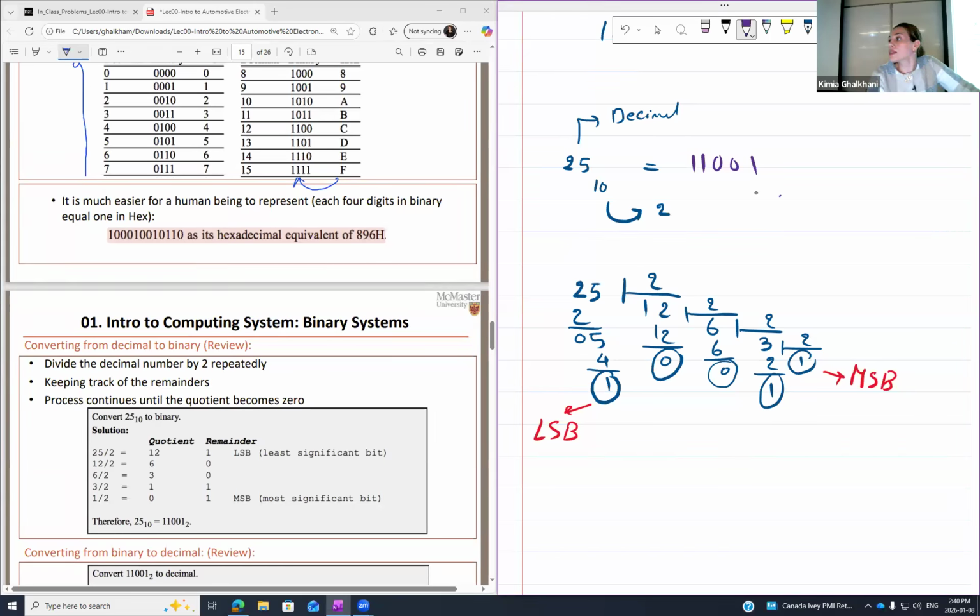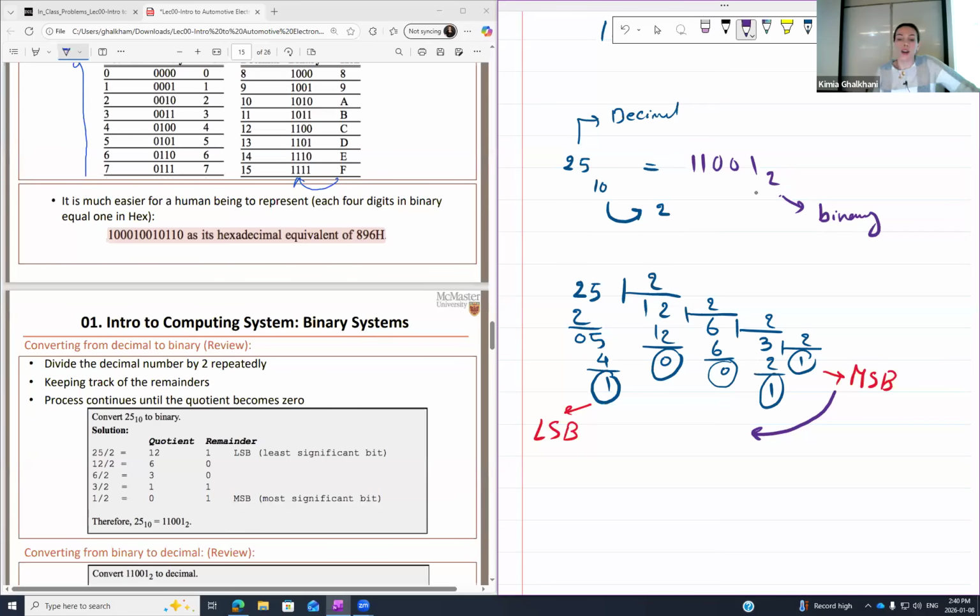What is the base now? 2. So now I have it converted from decimal to binary. Everyone got the point? And always I go from most significant to least significant, not the other way around. Any question? It was easy to understand, right?